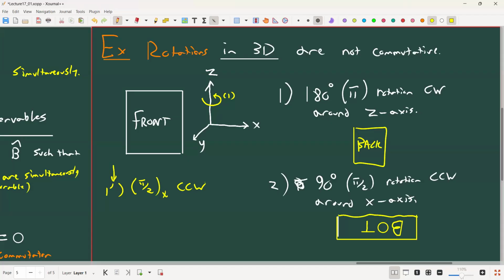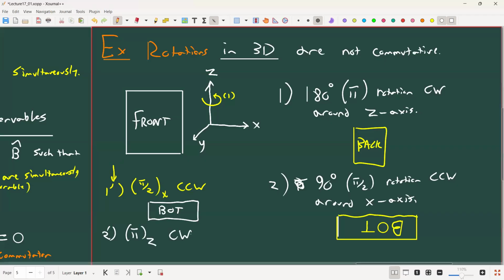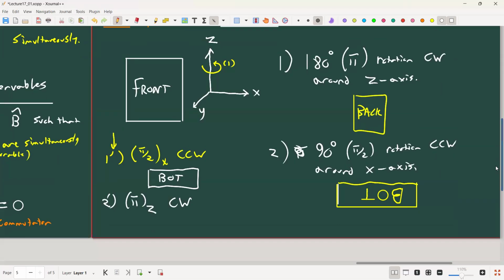This x-axis counterclockwise is this way. So now you have the bottom of the book up. And then we're going to do pi about z, clockwise. That is this axis, and I'm going to go clockwise. And now you have the top upside down.